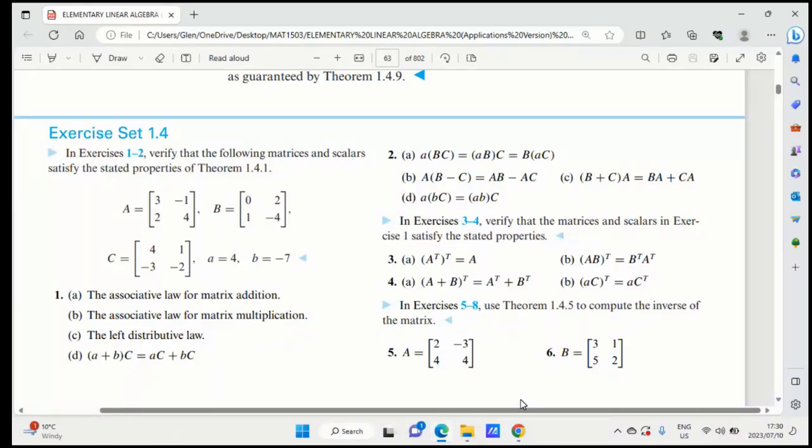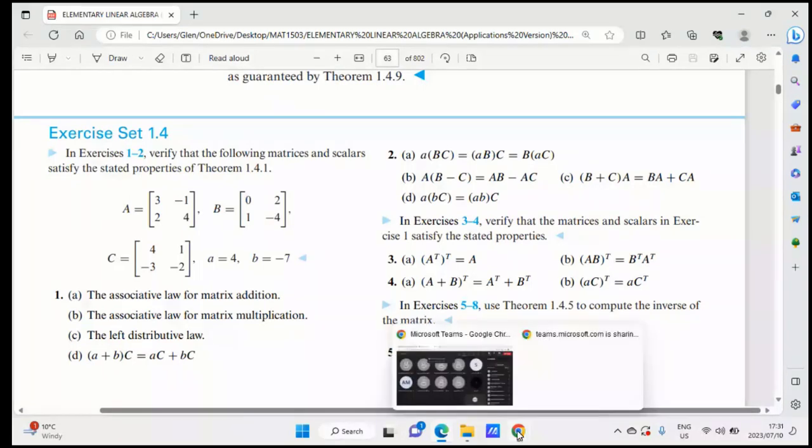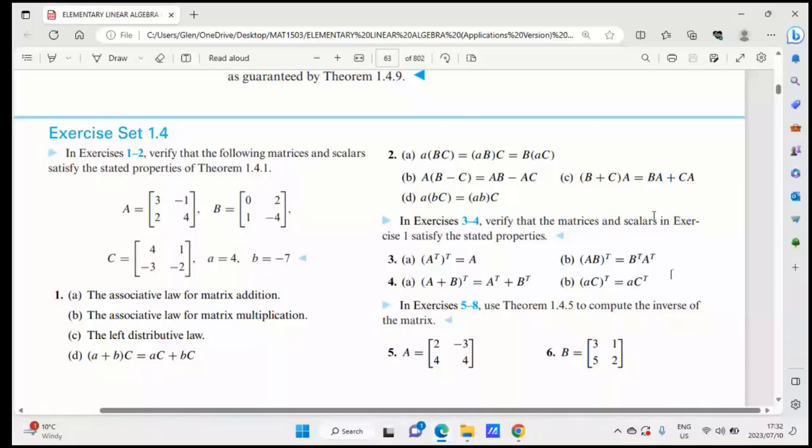Now let's look at number 3B. Pius? Yes, I'm saying it's true. Are you sure? Yeah, I'm sure. Tando, what are you saying? Yes, it's very true, sir, according to theorem 1.4.8.